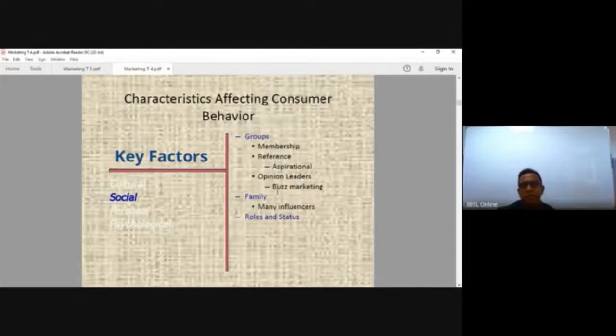Buzz marketing is basically word of mouth. Buzz is another word for word of mouth. Say your friends or your relations recommend a certain product to you, that will be a more credible opinion for you. Good that you asked that question. There are people in the society who are opinion leaders.